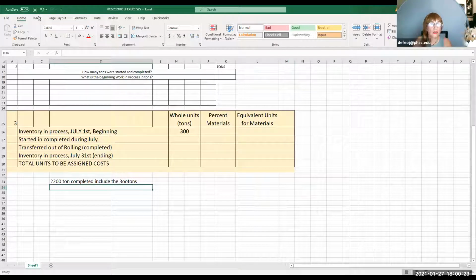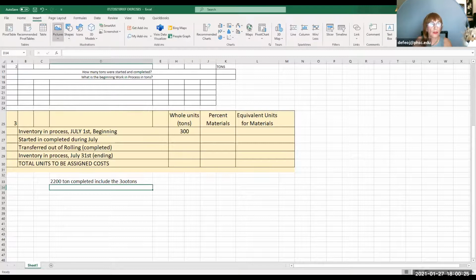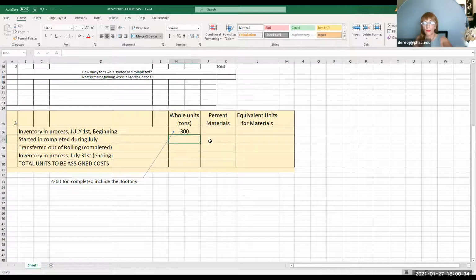So what do we have to do before we put a number in here?